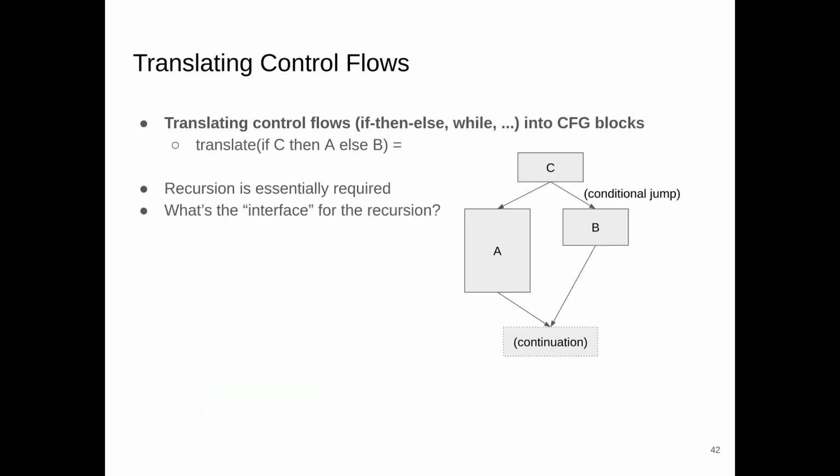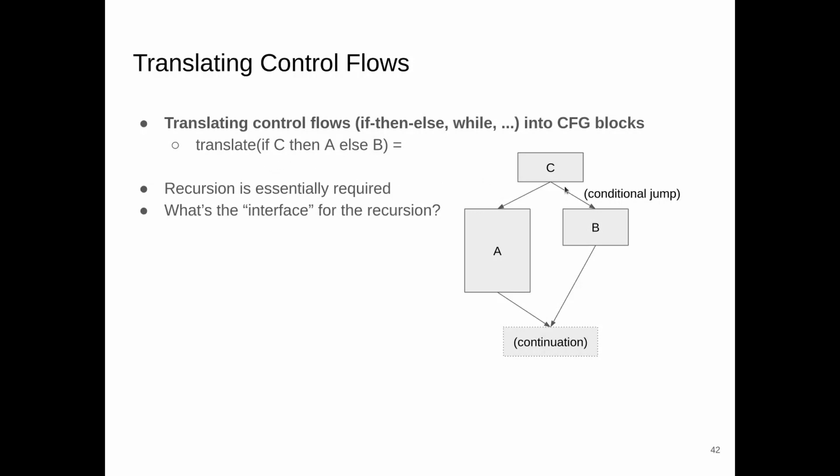Now let's discuss how to translate control flows like a while statement as we just saw before, and if then else or other kinds of control-flow-changing statements in C. So for example, when we're translating if C then A else B, we are going to do this.